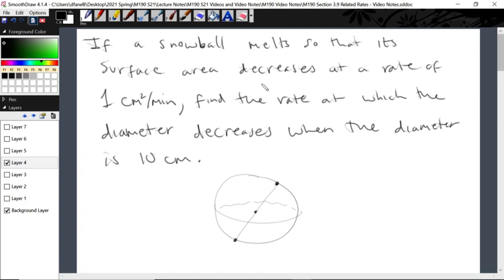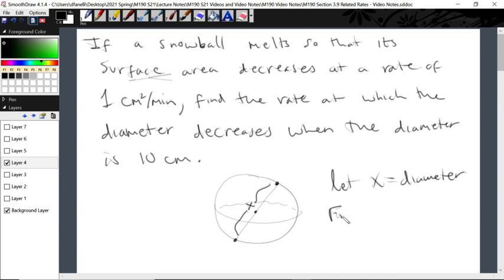So surface area decreases, so we're going to want a variable for surface area. We can use S. The rate at which the diameter decreases, let's just call it X. Let X equal the diameter. We want to find the rate at which the diameter decreases when the diameter is 10 centimeters.